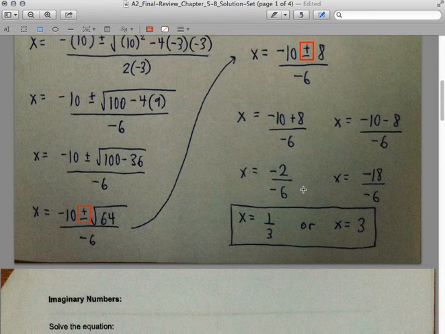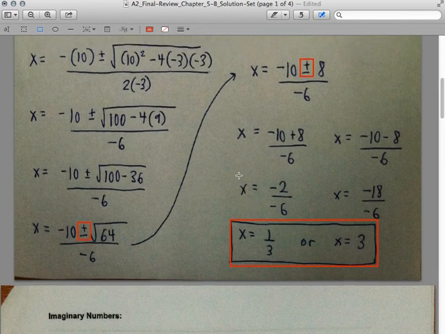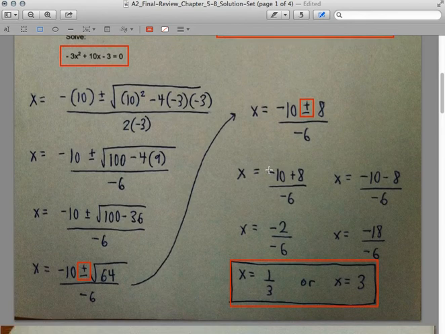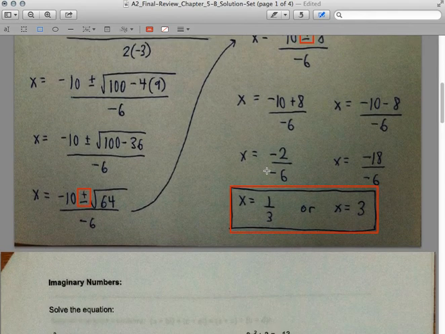That produces two x-intercepts, or two zeros of the function. And those two values are 1/3 or +3. Either of those values, when substituted back into the original function, would produce an output value of 0. That is what those two values represent.